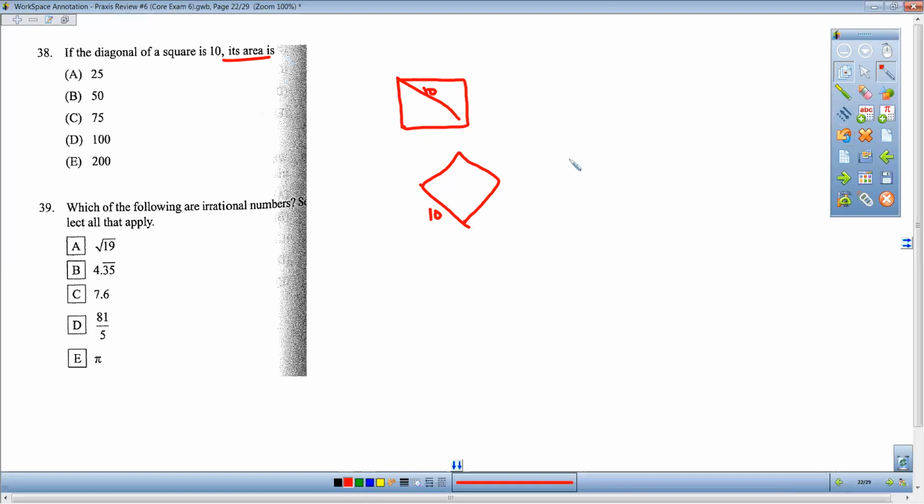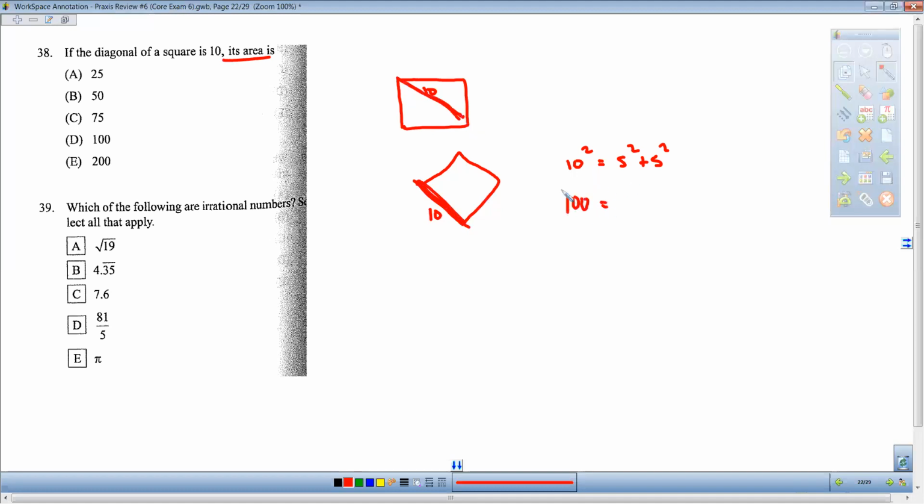So what we have is a square, so that would be 10 squared would be the area, and we've got the side squared plus the side squared. I'm sorry, 10 squared would be the length of that diagonal. So 10 squared is 100.